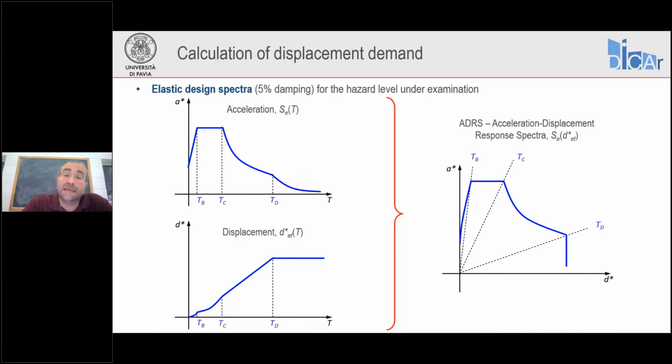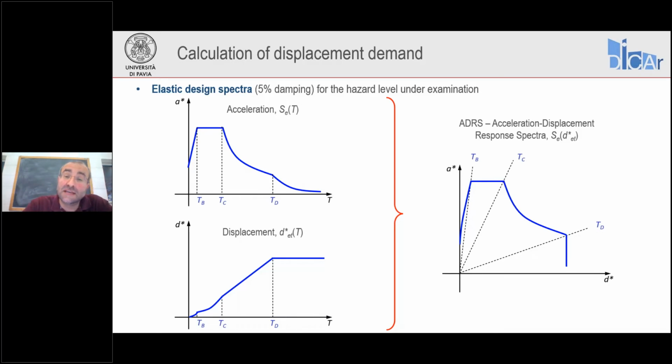And this makes this spectrum directly comparable with the capacity spectrum of the oscillator, because they're both expressed in terms of A* and D*. Se, the acceleration demand, corresponds to A*, and the spectral displacement, Sde, corresponds to D*. So the two things are now directly comparable.